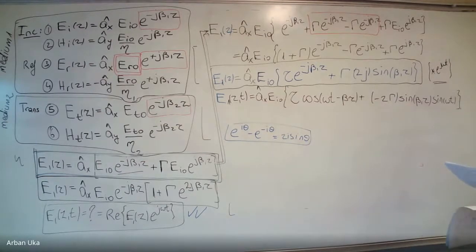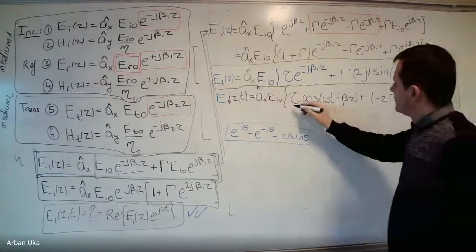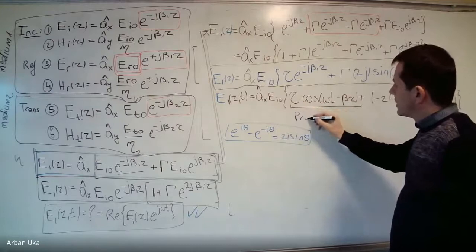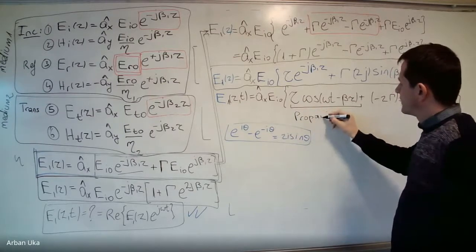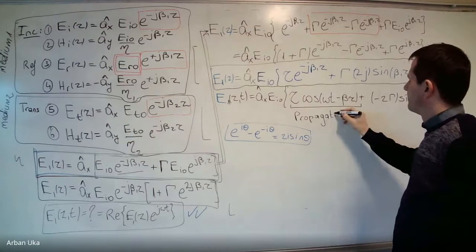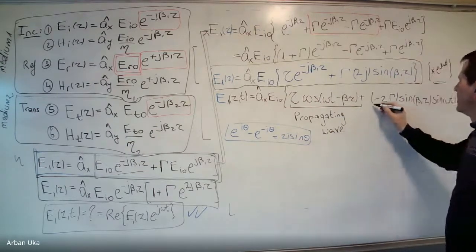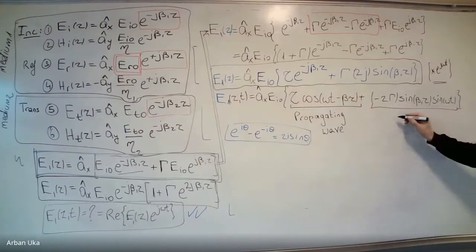Now, this term is a propagating term. So this is something that I wanted to come to. Propagating wave component, let's call it here. And this is a standing wave.